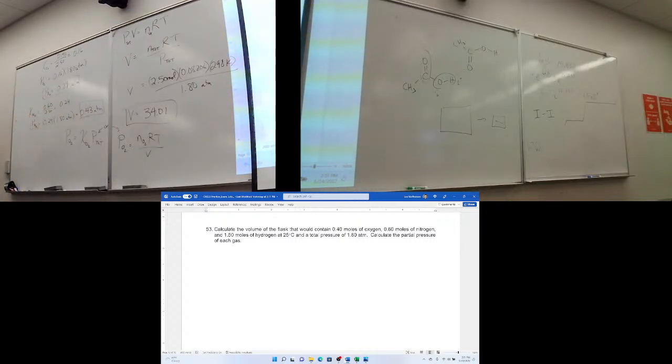Okay. You can do the last one exactly the same way. Mole fraction of hydrogen, or the partial pressure of hydrogen is going to be the total pressure minus the partial pressure of oxygen minus the partial pressure of nitrogen. Why not? Because they all have to add up to the total pressure, right? So I just move things around. So 1.8 minus 0.29 minus 0.43 is 1.08.